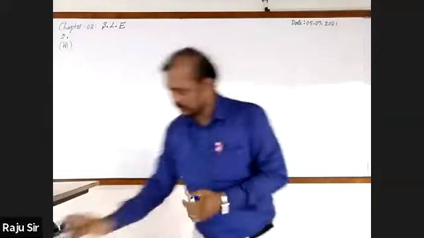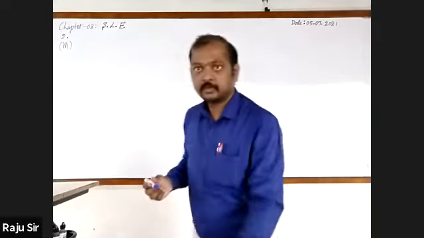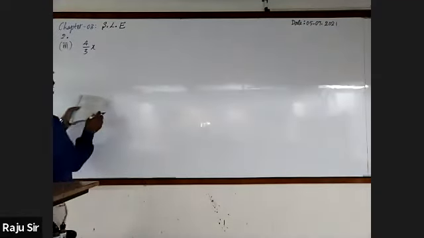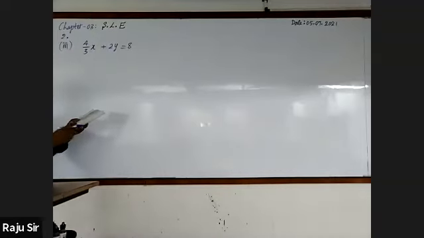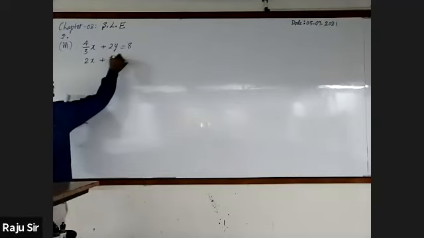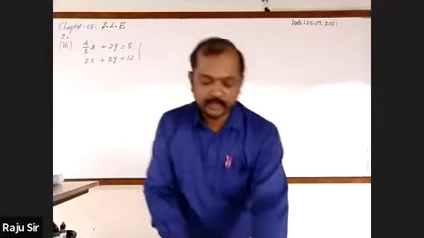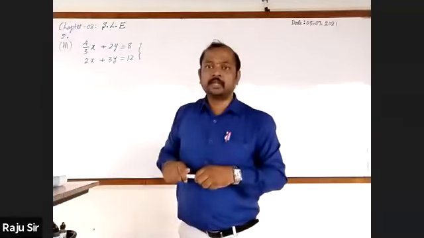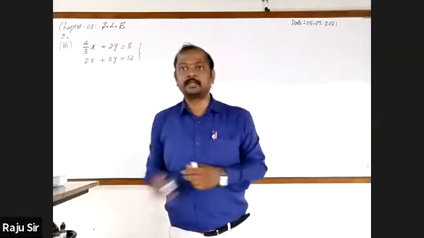One is 4/3 into x plus 2y, which is equal to 8, and another equation is 2x plus 3y, which is equal to 12. Here we have a pair of linear equations in two variables. By comparing all the 3 ratios, you should decide whether they are consistent or inconsistent.